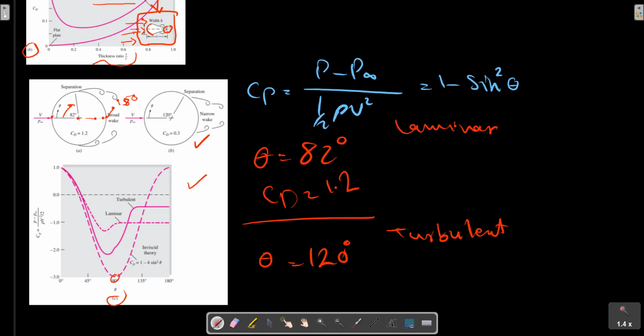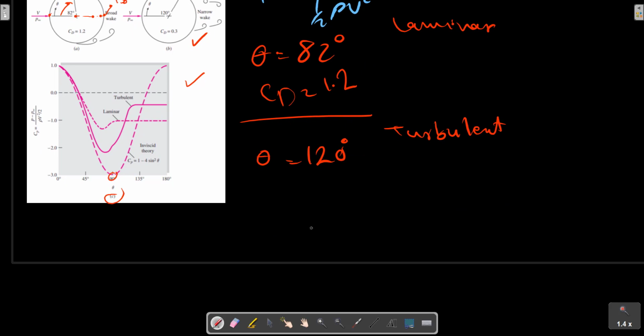Higher pressure on the rear and 70% less drag. We have a drag coefficient in turbulent flow of 0.3 in comparison with the 1.2 drag of laminar flow, so the turbulent flow provides a smaller drag coefficient.